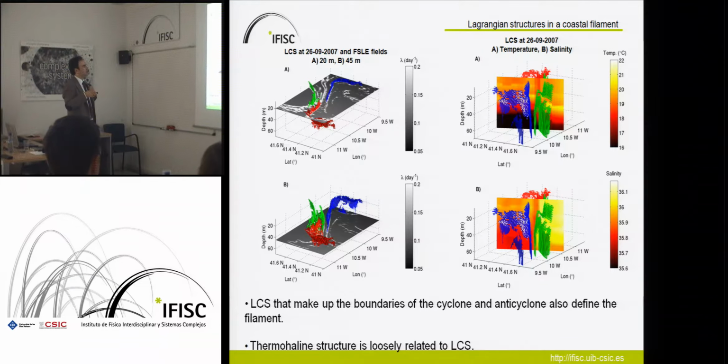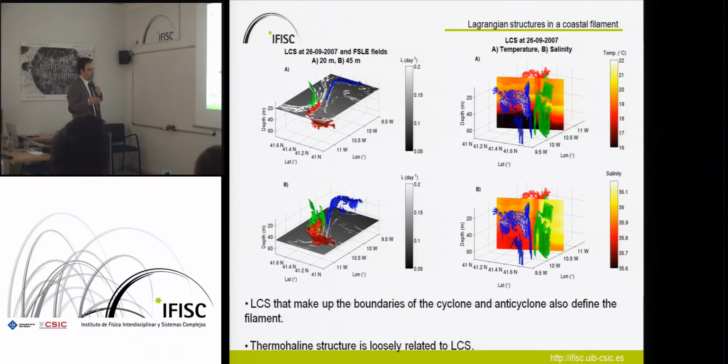We can also see the cyclone, and we see that this blue surface is mostly limiting, preventing its contact with the filament water. And here a third limiting surface that is making the water flow turn right and enter the cyclone here.